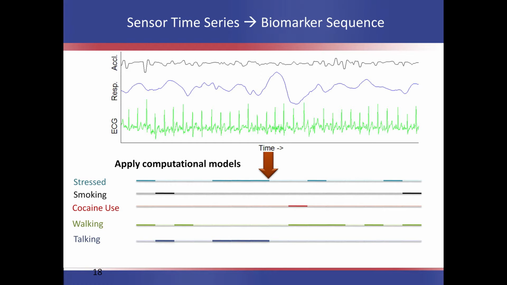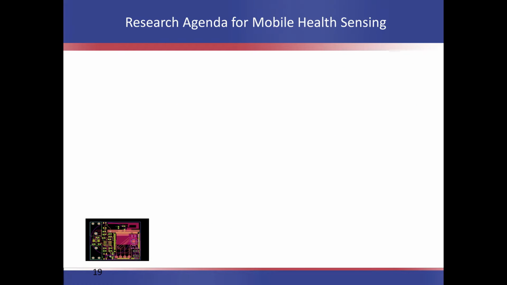You see here measurements of ECG, respiration, and accelerometry at the top of the slide, and if we apply computational models to them, then we could, for example, infer at what points in time the person was stressed, at what points in time they were smoking, at what points they were using cocaine, if at all, when they were walking, when they were talking, and if all these measurements are time synchronized, then we can look at relationships across these behaviors. So that's what we desire.